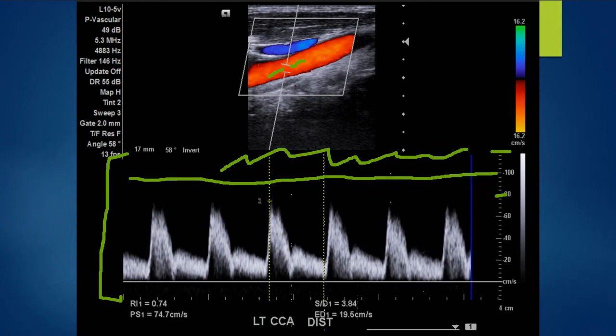So we could probably decrease that Doppler scale to about 100, and we would still be showing the entire waveform. The peak velocity that it would come in at here would give us a calculation. Looks like it's coming in at 74 centimeters per second down there. Now you're probably thinking, well, it came in at 74 centimeters per second, why couldn't we lower our scale to 80, right?